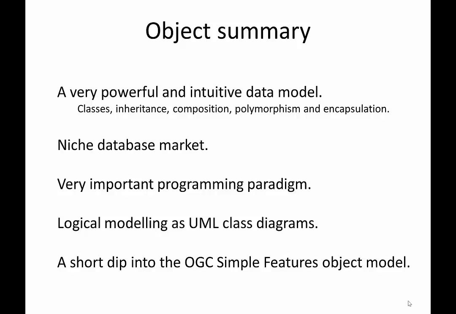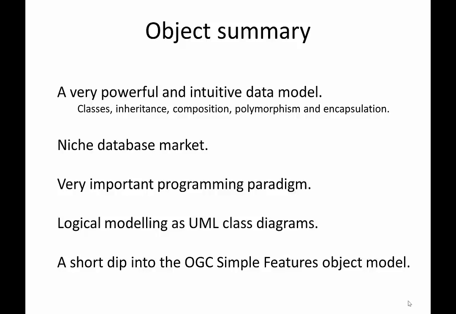It tends to be in complex domains. For example, I believe they're very popular in airline booking systems. They're popular in network models, transport models, things where you've got complex behaviors and large systems. The object model can be quite important in a database situation.